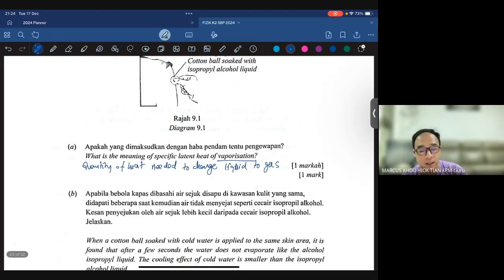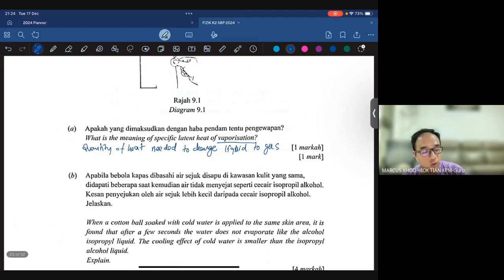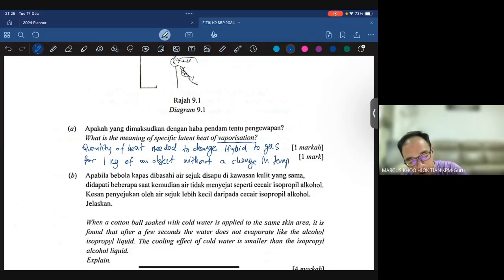Vaporization makan, yeah, liquid to gas for 1 kg of an object. Okay, without, this is the most important statement, without a change in temperature. Ini mesti disebut tanpa perubahan suhu. Okay, no change in temperature, change from liquid to gas.